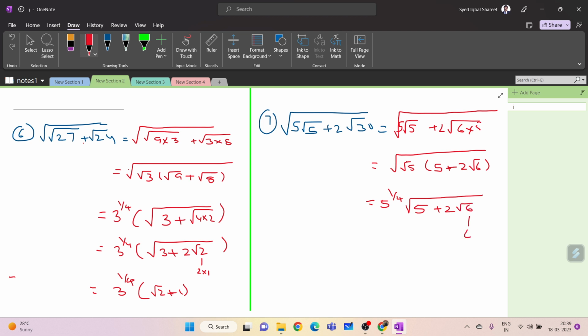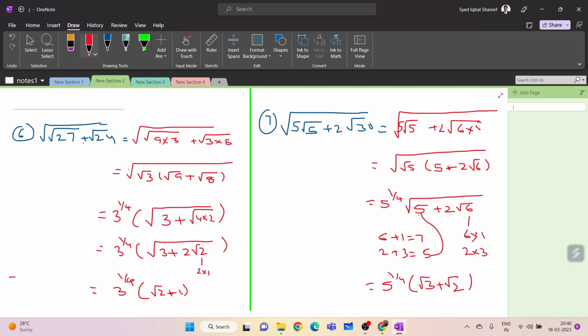Now see the factors of 6. 1 into 6, 2 into 3. Now you have to add and see. 6 plus 1 is 7, I don't want. 2 plus 3 is 5, I need this. Since 2 plus 3 is 5, we are writing 5 to the power of 1 by 4 into, first you have to write the bigger number. Bigger number is root 3 plus root 2.